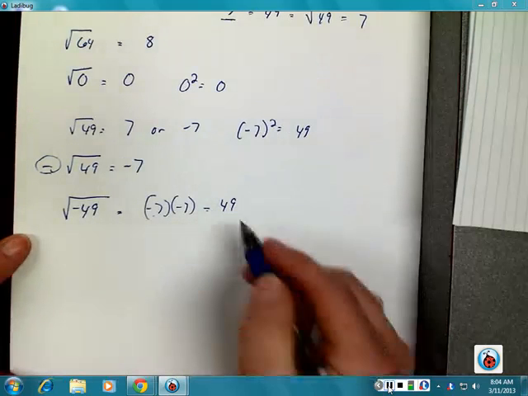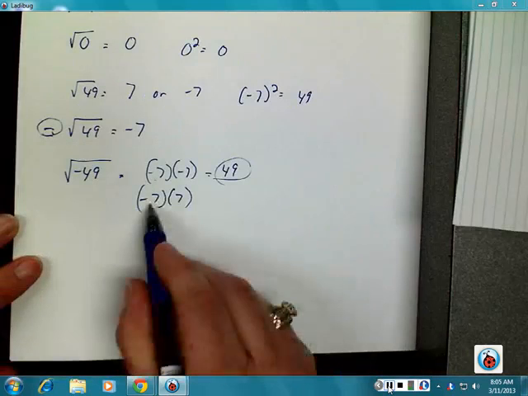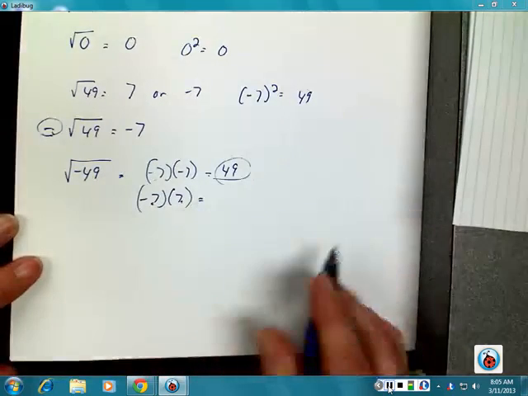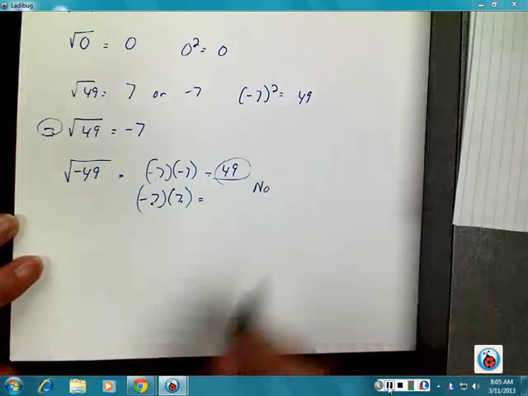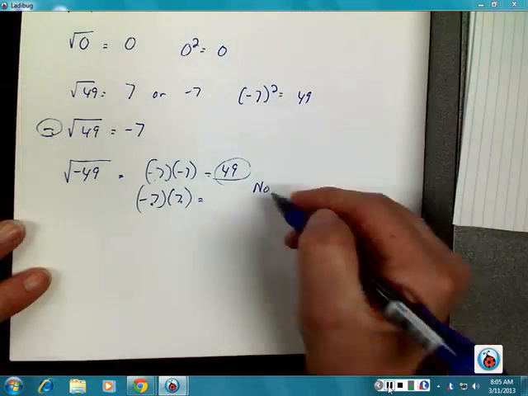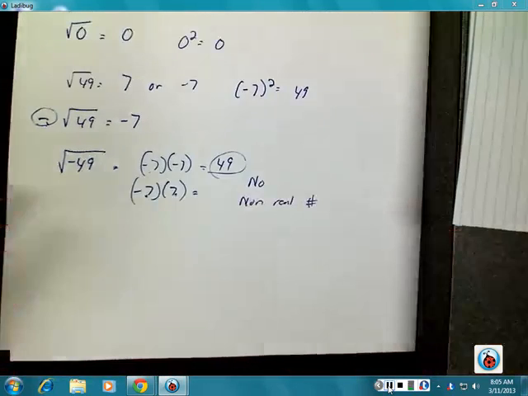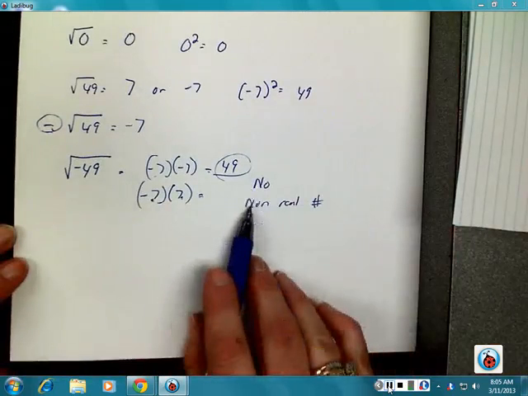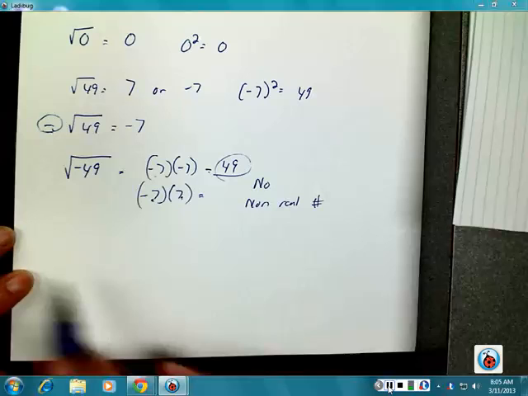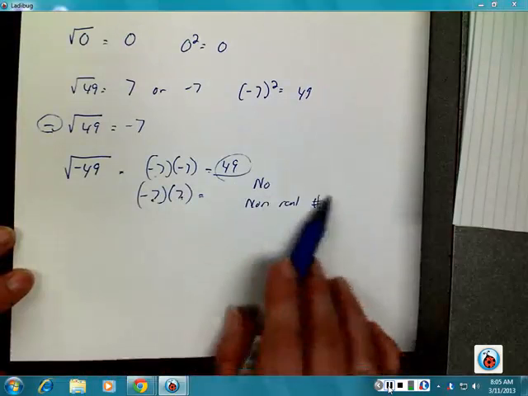And you can't just say a negative 7 times 7, because then these two do not match each other. They're not the same. So therefore, on this one you have basically no solution, or it's considered to be a non-real number. So in Hawks, it's going to give you either an answer, such as 7 if it's the straightforward square root of 49, or the answer of a non-real number.